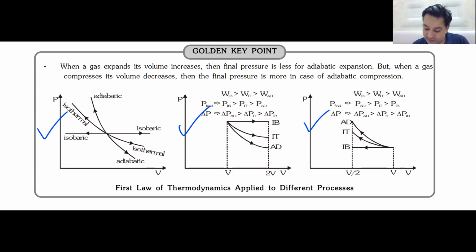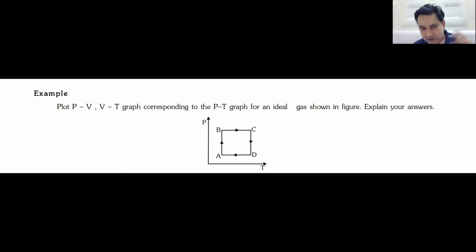And now we come to this question. I've seen in various years one of these questions coming in your exam where they give you one graph. In this case they have given you a PT graph and they ask you the other two graphs, the VT graph and the PV graph. If they give you a PV graph, they'll ask you the PT graph and the VT graph.